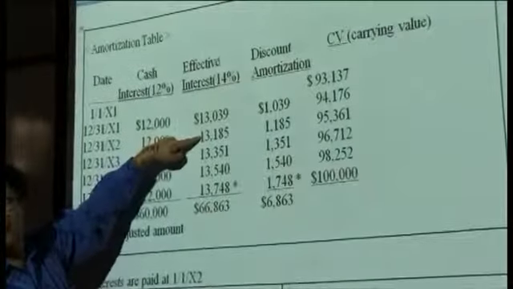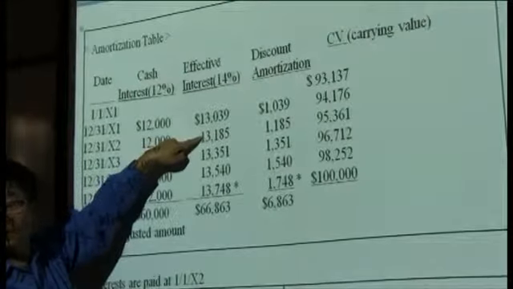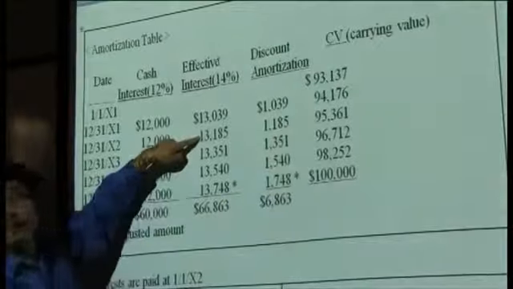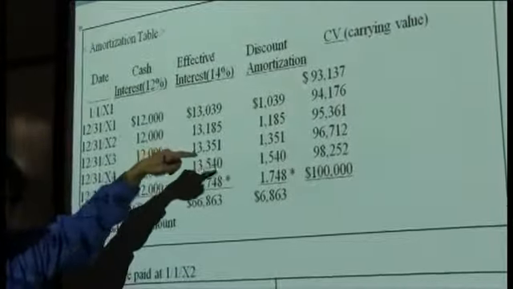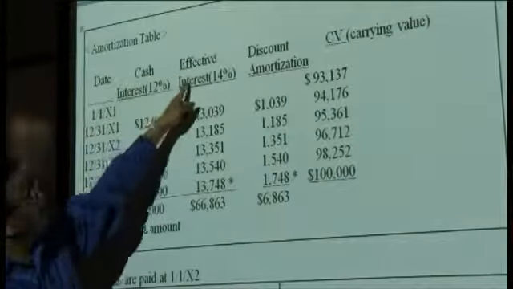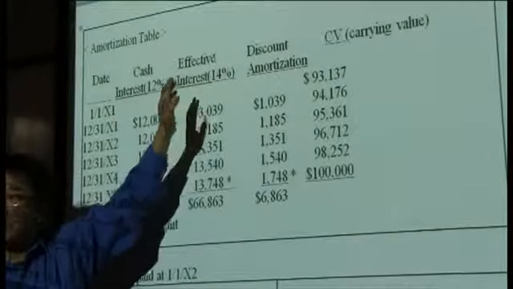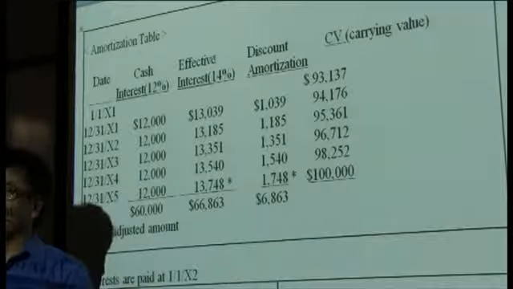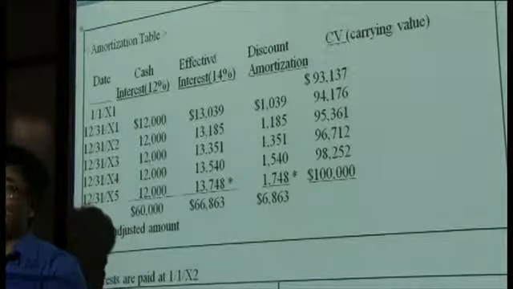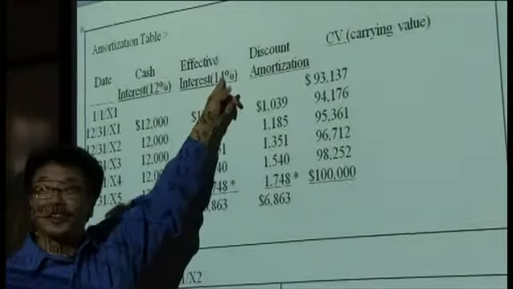Why does this number get bigger? Simply because the carrying value is getting bigger, so you multiply the same percentage. You know what the nickname of the effective interest method is? Constant rate method. We don't change the rate.